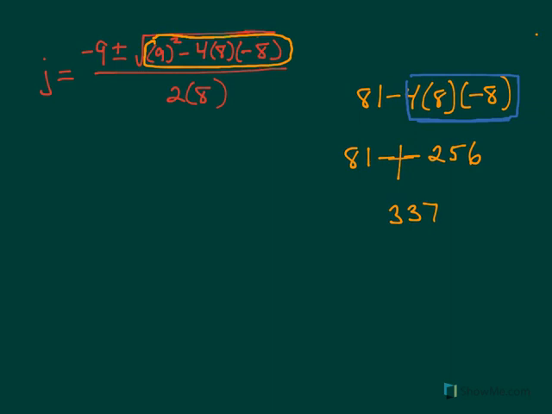So if we go back to our formula, we now know j is equal to negative 9 plus or minus the square root, and all this under the radical worked out to be the 337. And we still have the divided by 2 times 8. If you want to simplify the 2 times 8, you could probably go ahead and do that in this step. So 2 times 8 is just 16.